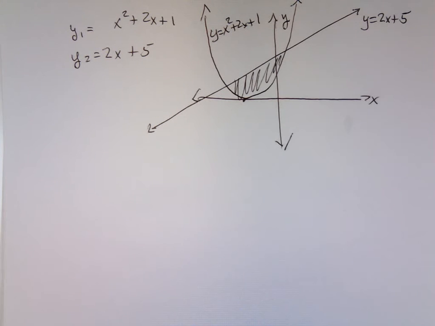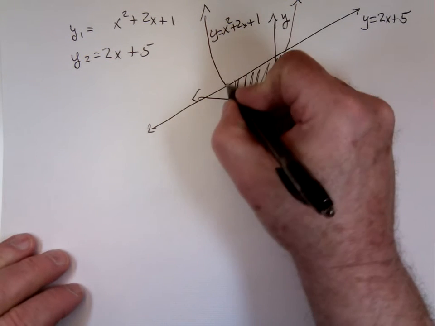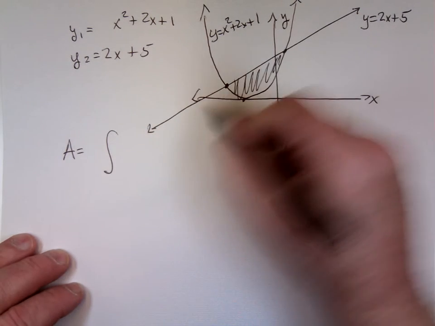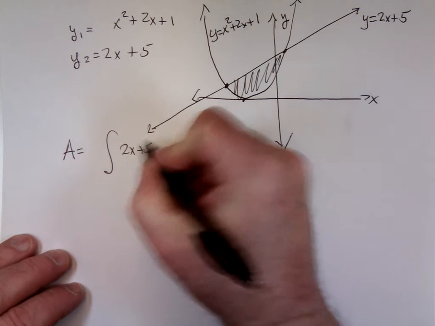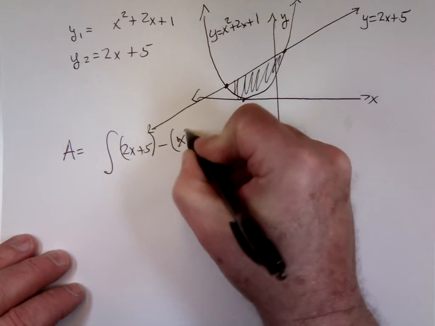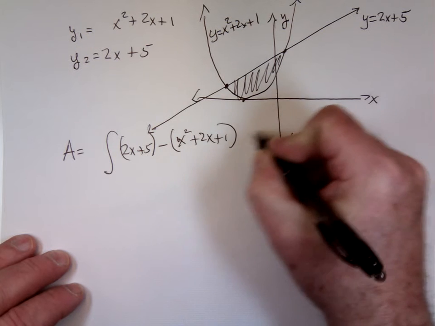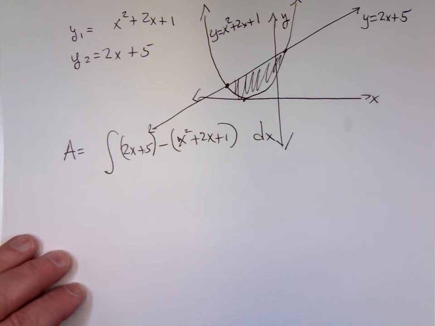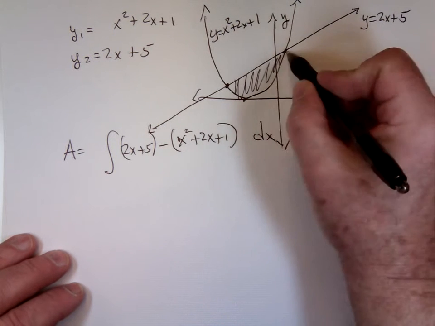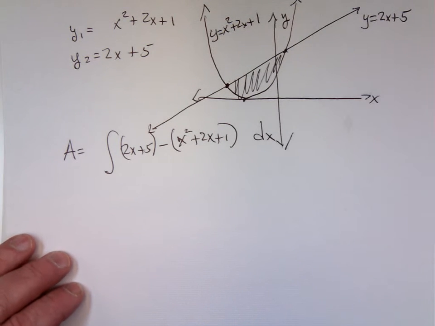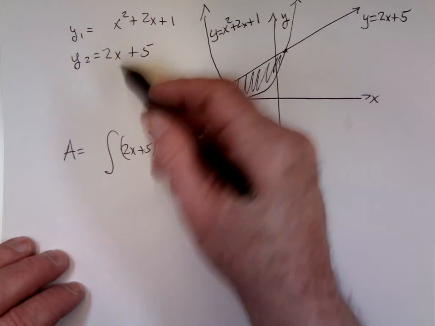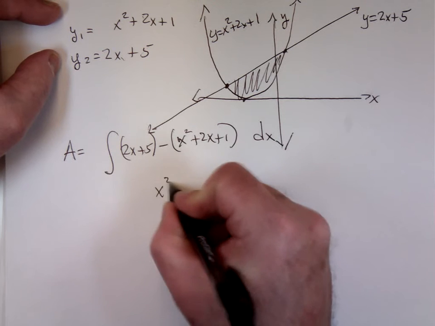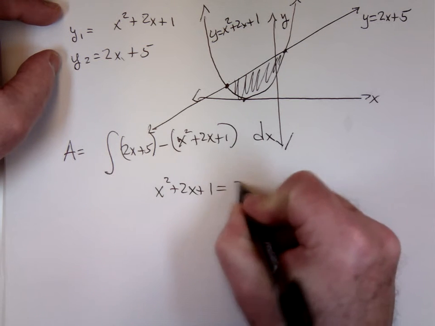Well, to find that area, bounded by the two, we're going to have to take the integral of the top minus the bottom. But the problem here is not this. This part's pretty simple. The problem is, what are these points? Well, set them equal to each other. X squared plus 2x plus 1 equals 2x plus 5.